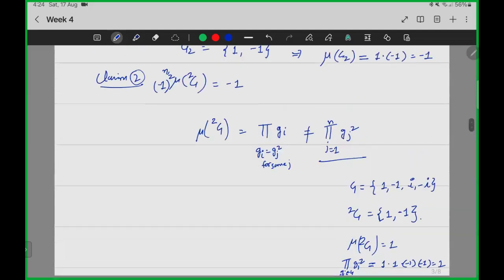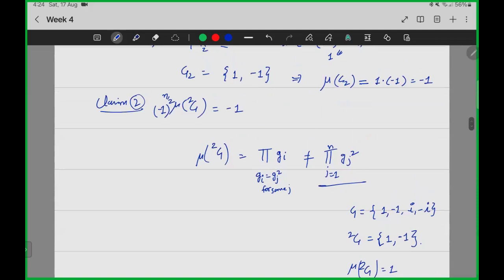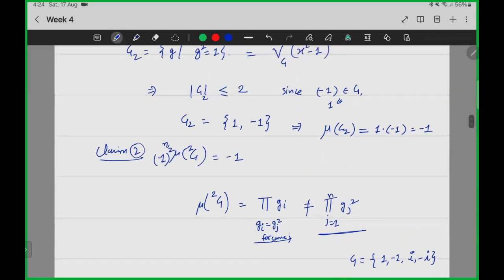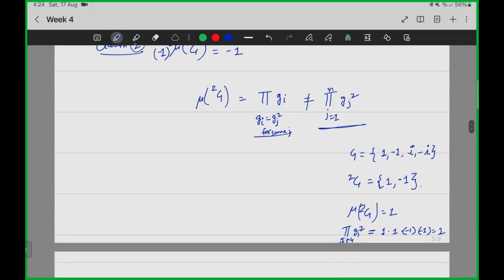So that is the large product, and here we are only taking those elements which are actually squares, so we have to take care of that. This is the small product, the rough idea, g_i belonging to 2G.